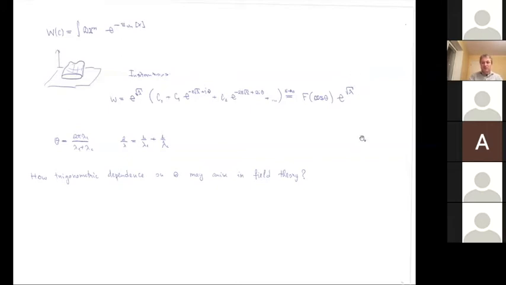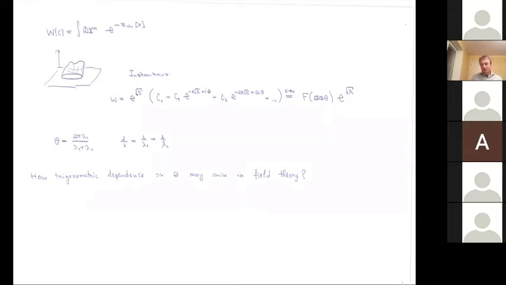So all in all, on these very general grounds, we expect that the amplitude will be proportional to the exponential of the area. This is the classical contribution from the minimal surface in AdS5, times some function which is a periodic function of theta, or if you wish, a function of cosine theta.